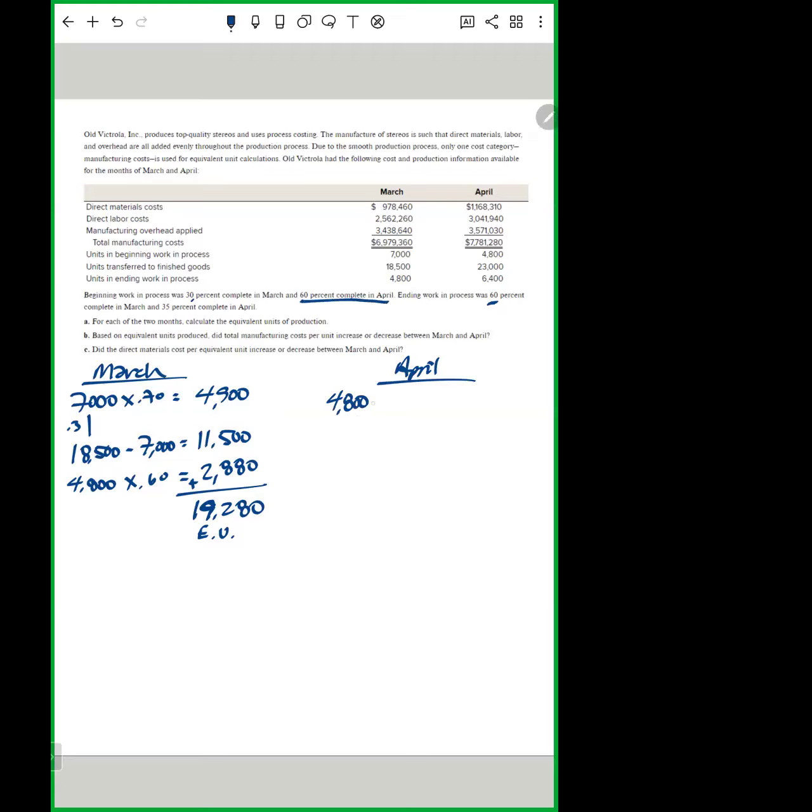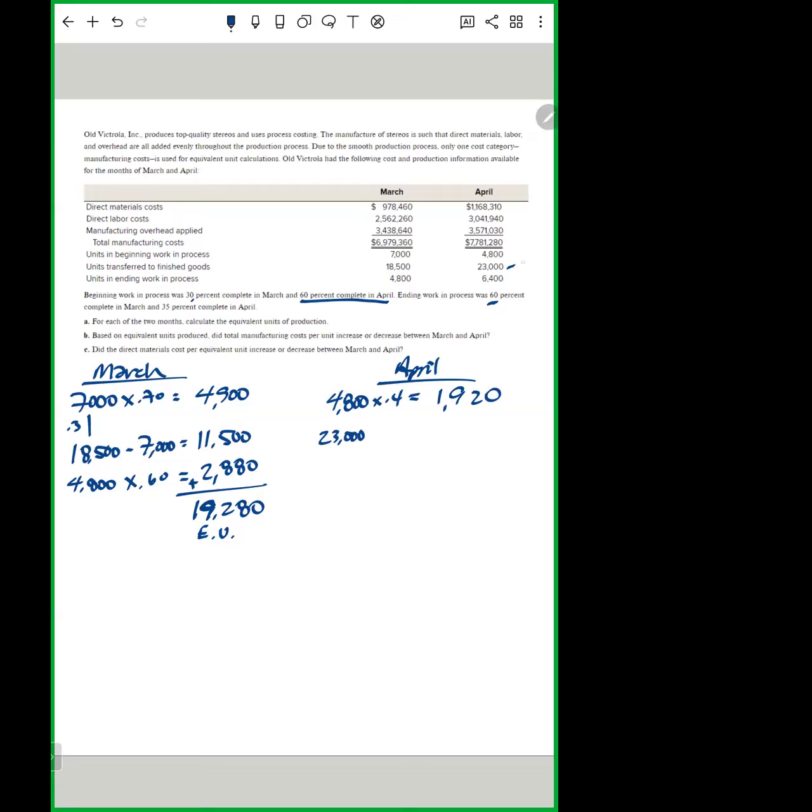So I want to multiply this times the 0.4, right? The remaining units to be done. So 4,800 times 0.4 gives me 1,920.